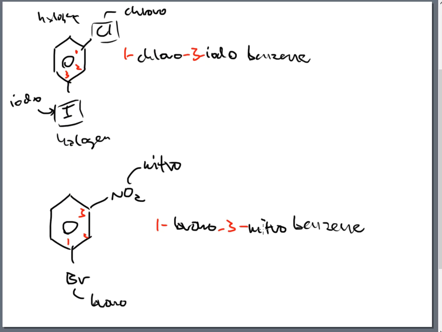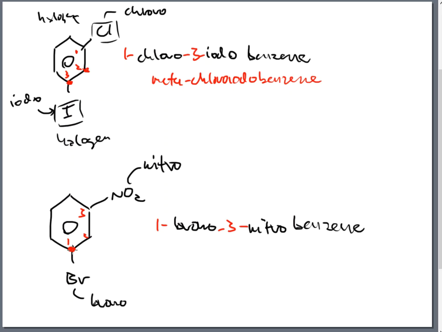Now, don't forget about O, M, P, because we can still use those. So this is the O, M, there's the M. So this could be a meta-chloroiodobenzene. And then the second one down here at the bottom, this is where I start.